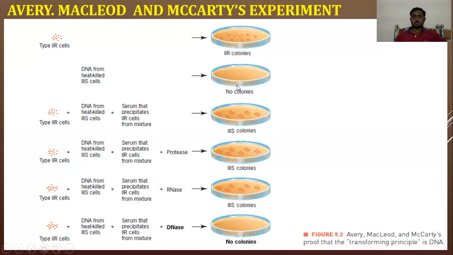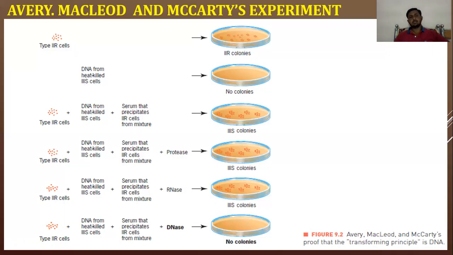But there is no viable colony, because the heat treatment killed the viable cells. Only the genetic material is present, and it is not able to grow on the nutrient media. So that plate did not show any growth. This is the second step of the experiment.